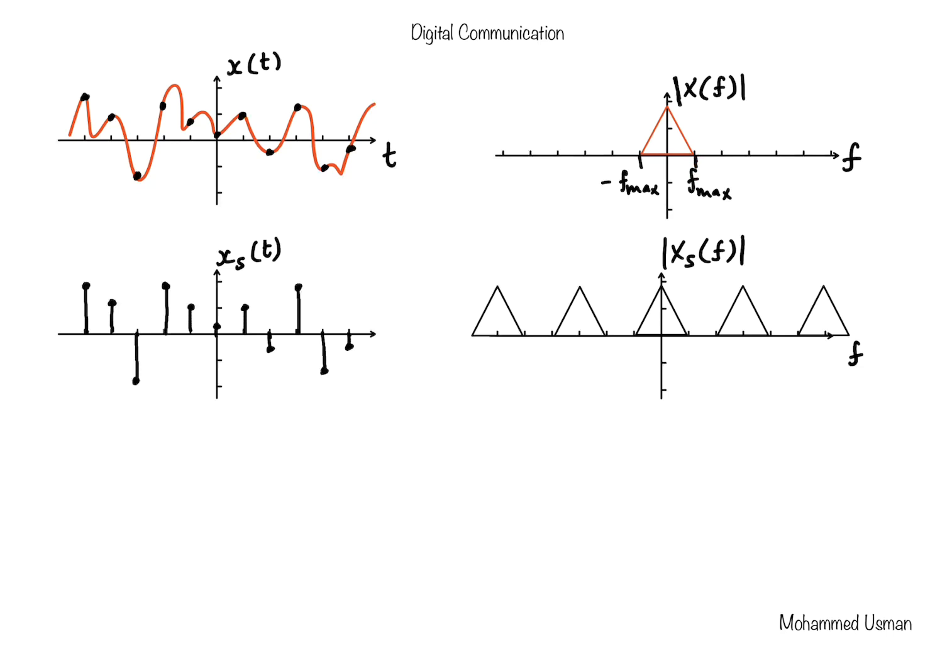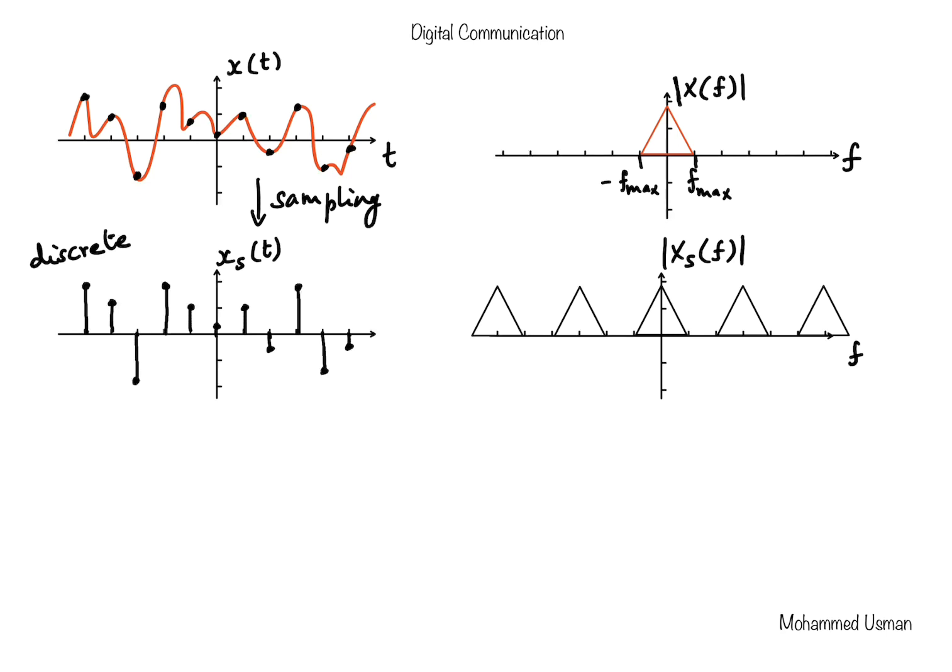Now, when we perform sampling on this signal, it discretizes the signal, so the continuous waveform becomes discrete. Going from here to here is performing the process of sampling, which gives us a discrete signal in the time domain.